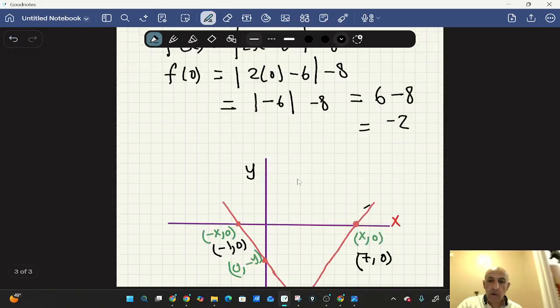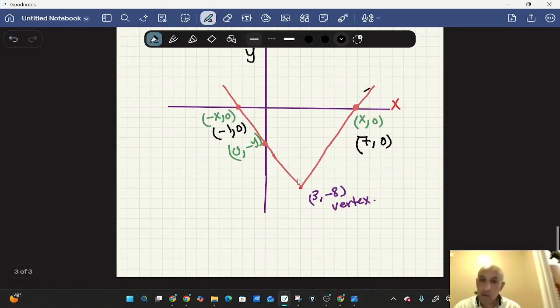Okay, so we reach that this point is 0, negative 2. So we have the vertex as 3, negative 8. The x value here is 7, so this point is 7, 0. We have negative 1, 0, and we have 0, negative 2.